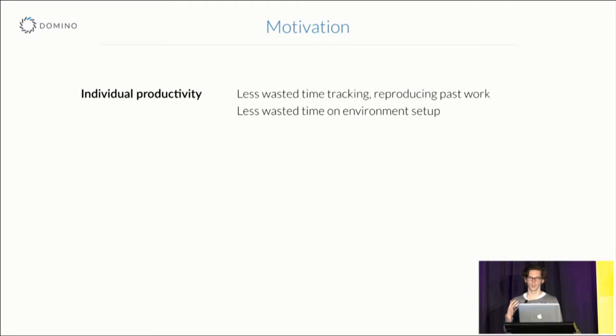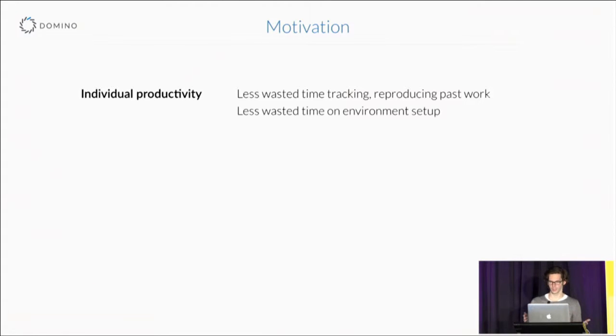People waste time reinventing the wheel, re-implementing past work, dealing with environment setup because the version of packages you have installed doesn't match what your colleague has installed. People waste time digging through files like version 1, version 2, version 2 final, version 2 final really this time. You guys have all been there, I'm sure.